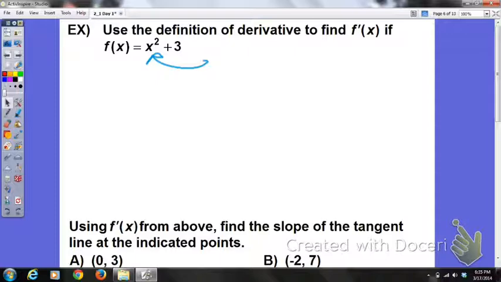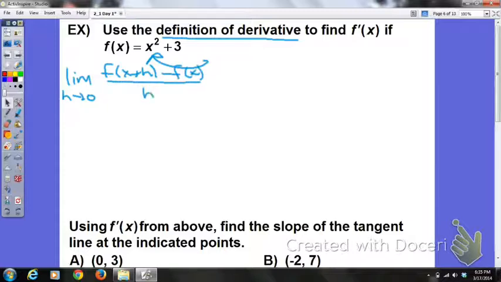So, in order to use the definition of derivative, that's asking us to find the limit as h approaches 0 of our difference quotient. So let's start once again by writing our difference quotient, f of x plus h minus f of x over h. We're going to start by taking the x plus h and plugging it in for our x in our original function.